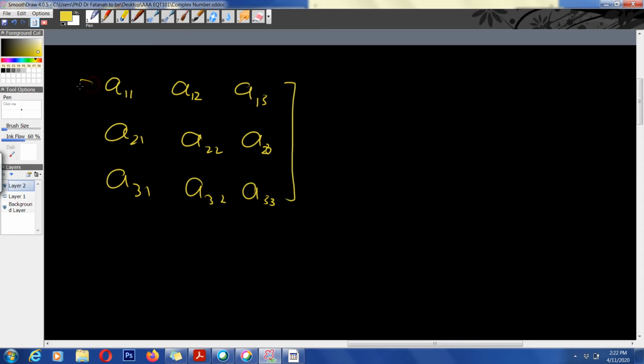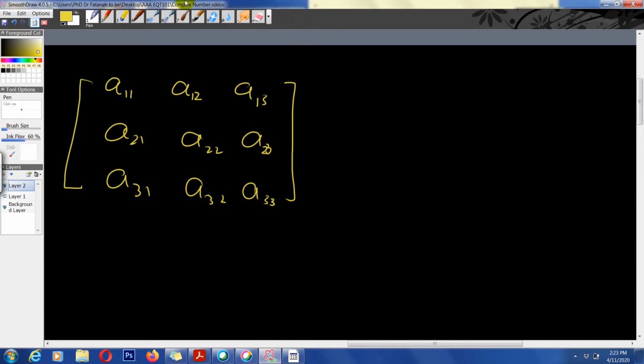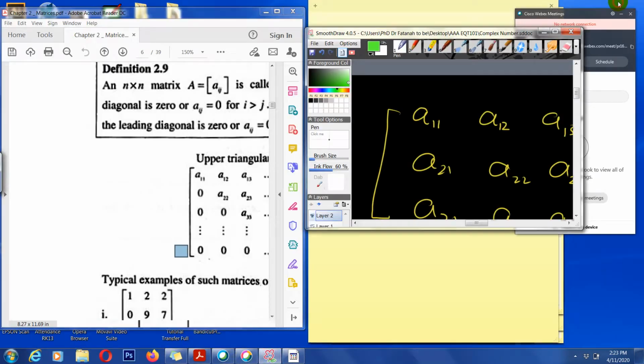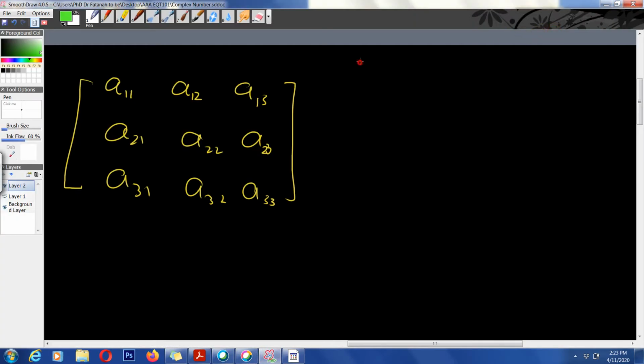What is the meaning here? If the elements with i greater than j are 0, we call it upper triangular. The position is important, so you determine the position where i is greater than j.